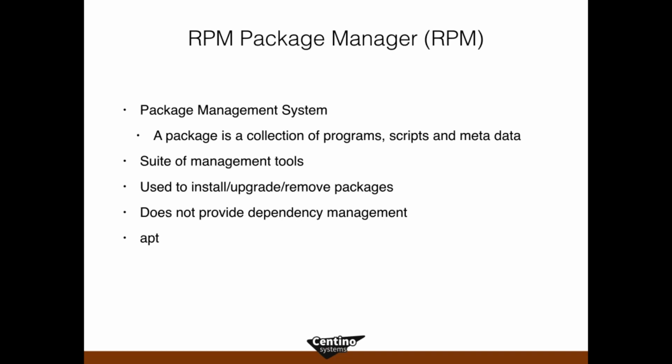But what's interesting about RPM by itself is it doesn't provide dependency management. So if I type rpm -i package A, and package A requires package B, well, what RPM is going to do is say, your installation failed, go install package B, which kind of leads us with a problem, because that can be a long trail of things that we have to trace from a dependency standpoint. We'll talk about the solution to that in a second.